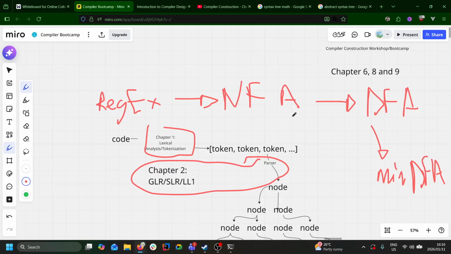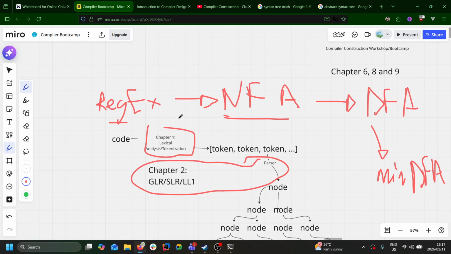You can use any method to convert a regular expression to an NFA. The textbook does explain how to do it, but the fastest way is intuition.